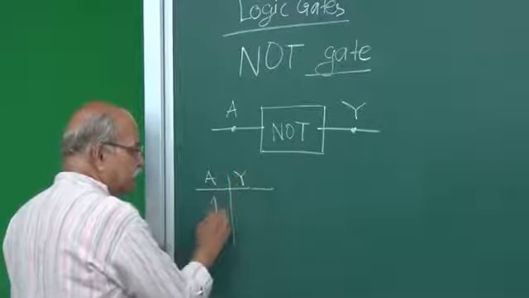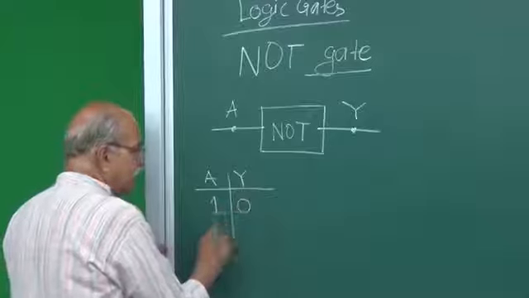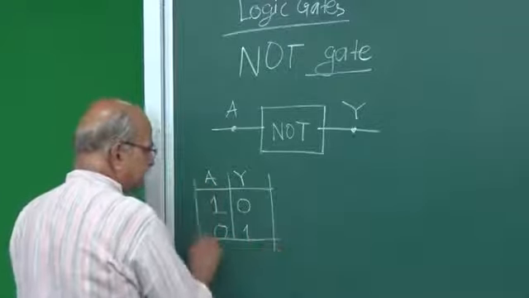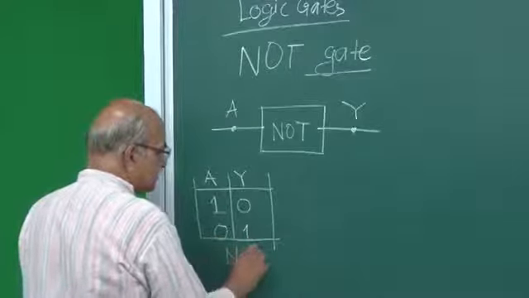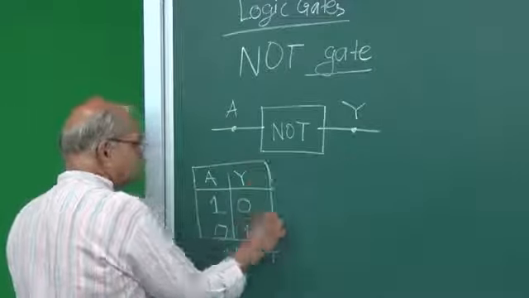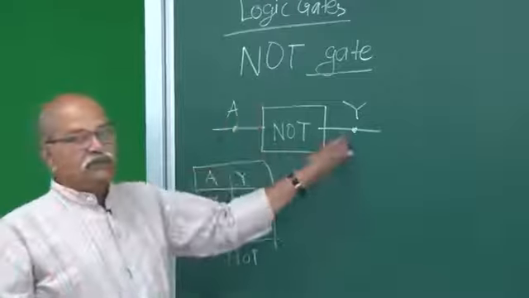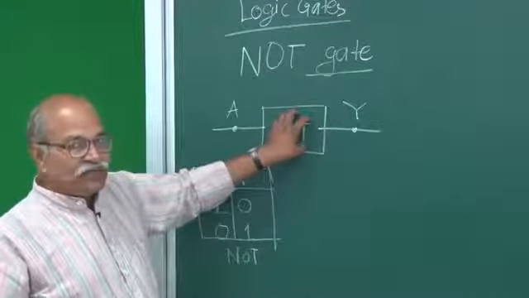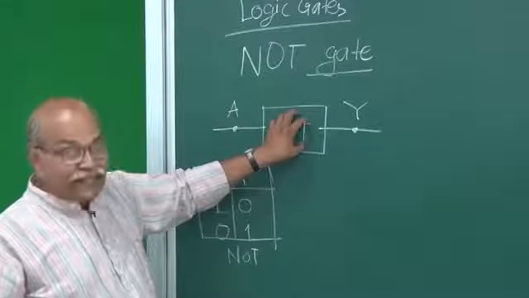If A is 1, then Y is 0, and if A is 0, then Y is 1. Finish. This is the truth table for the NOT gate. So if the input is 1, the output should be 0, and if the input is 0, the output should be 1. That kind of circuit is known as a NOT gate.